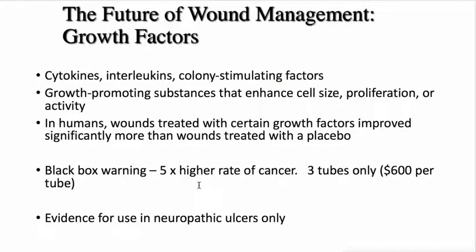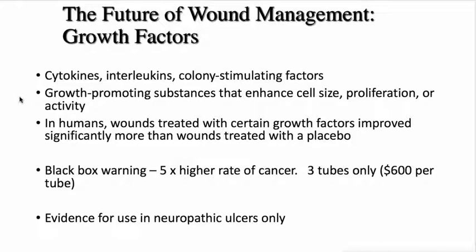The future of wound management. Always things are coming out. Cytokines, interleukins, colony-stimulating factors, growth-promoting substances that enhance the cell size. In humans, wounds are treated with growth factors to improve wound healing.